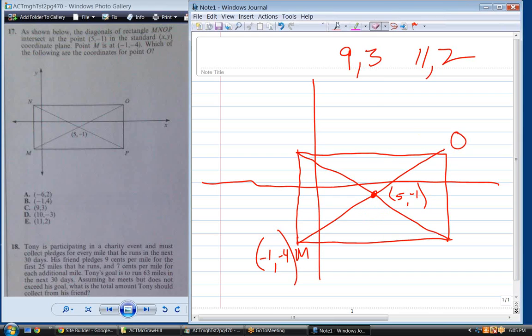Let's call it midpoint. So knowing that, what's the x-coordinate of this point going to be? Look at what the x's do going from here to here, and we have to go an equal further distance to there.